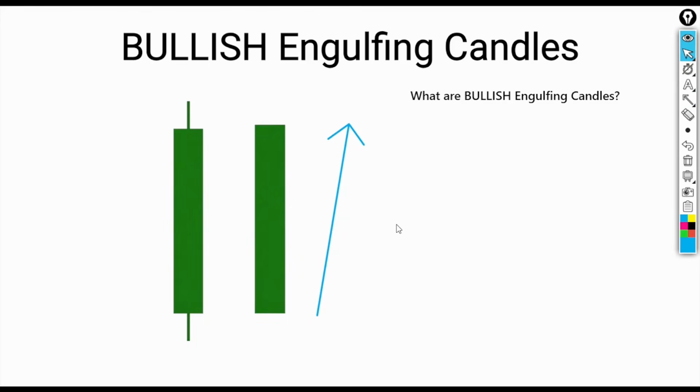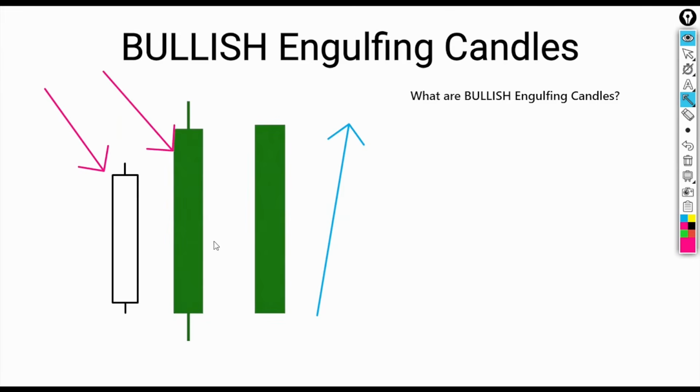And you'll often find that a bullish engulfing candle tends to engulf the previous candle. Now, what exactly do I mean by that? You'll notice that I've gone ahead and drawn out this imaginary candle we have right here. Let's just pretend for a moment that this candle right here formed prior to this one.